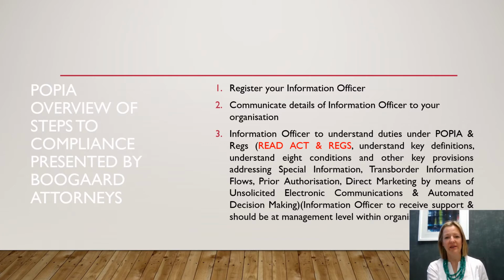Again, this will very much depend on the size and the nature of the business. However, at a minimum, your information officer should have an understanding of the conditions and these different provisions within the Act, as well as the regulations, and be able to make their way around these documents and understand them.